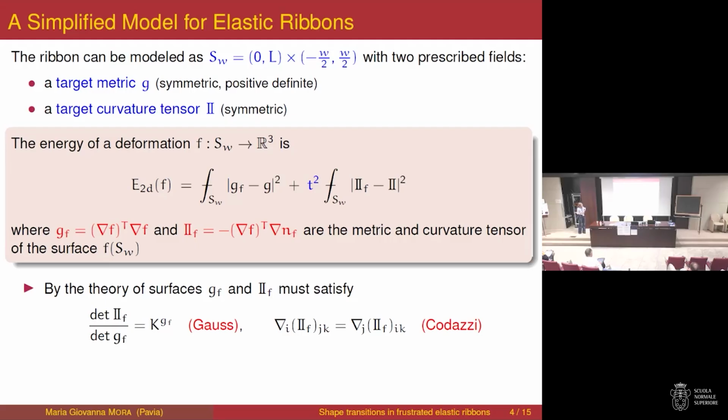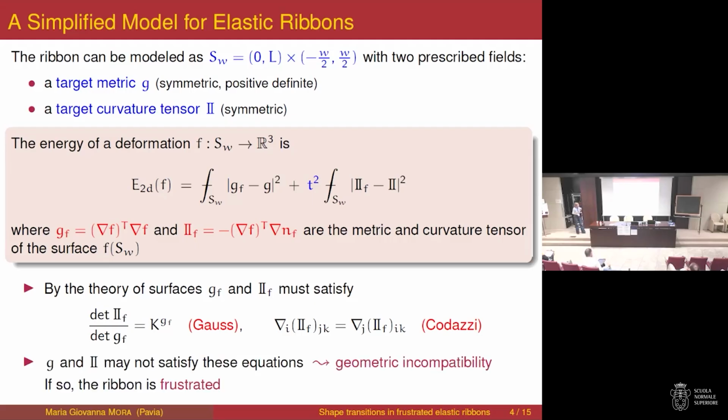So the metric and the curvature produced by the deformation must satisfy the Gauss and the Codazzi equations, while the target metric and the target curvature may not satisfy these conditions. Because they are not necessarily the first and the second fundamental forms of a surface in R3. And so when the target tensors do not satisfy these compatibility equations, one speaks of geometric incompatibility.